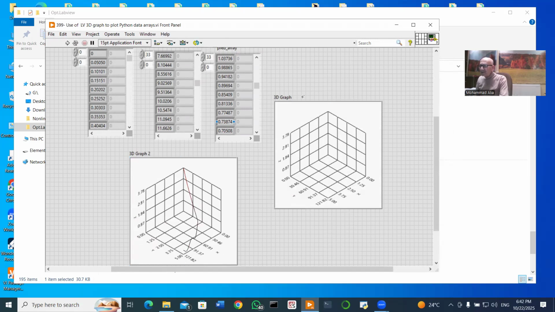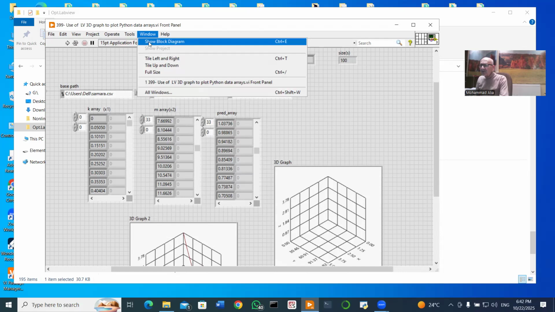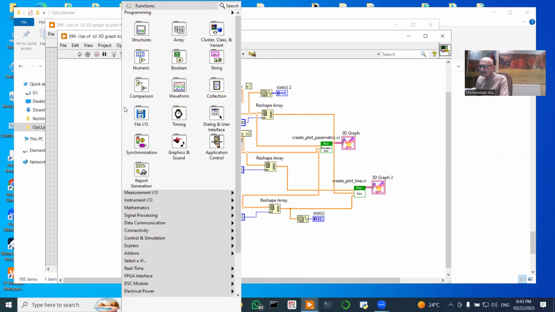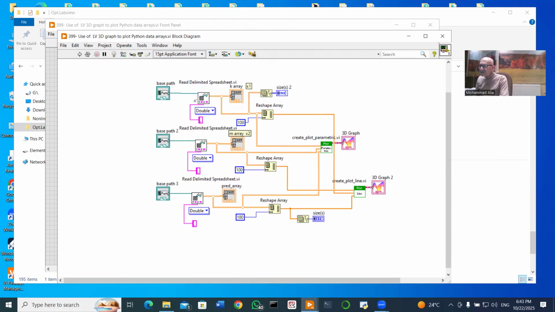The front panel now will look like this. This is the Read Delimited Spreadsheet VI, this virtual instrument, here it is, under file input. This VI requires the path, which contains the address of the file which is going to be read.